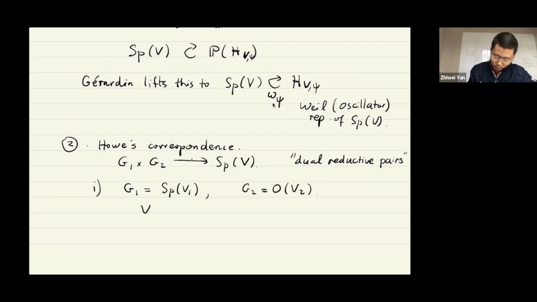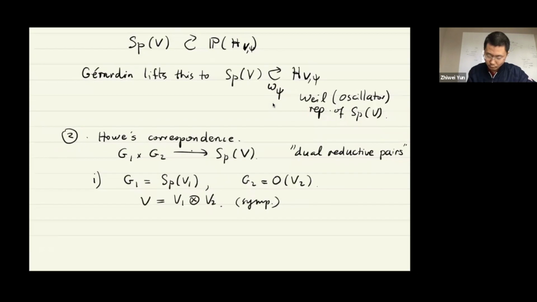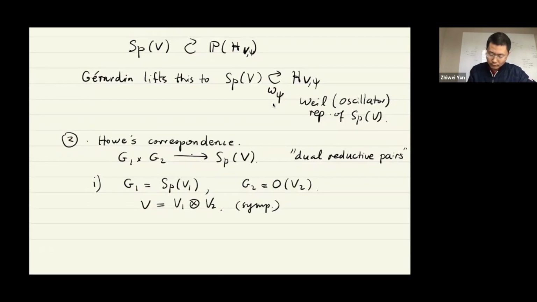And for V, we just take the tensor product, and it carries a symplectic form. This way we have a map from G1 times G2 to the symplectic group of the tensor product. They are centralizers of each other. So this will be the main example that we will talk about today.